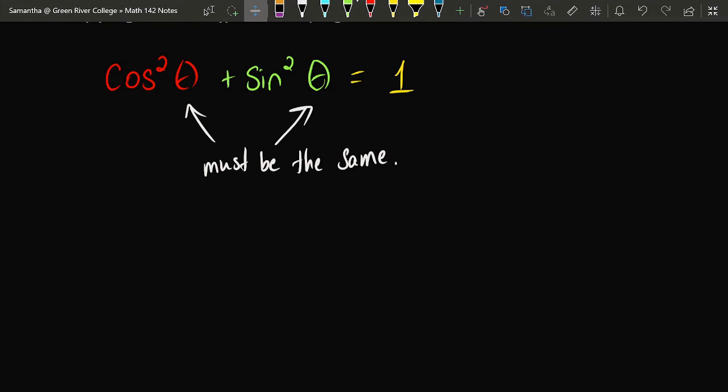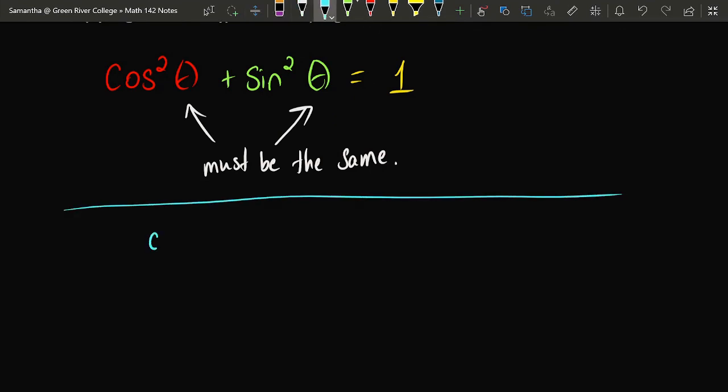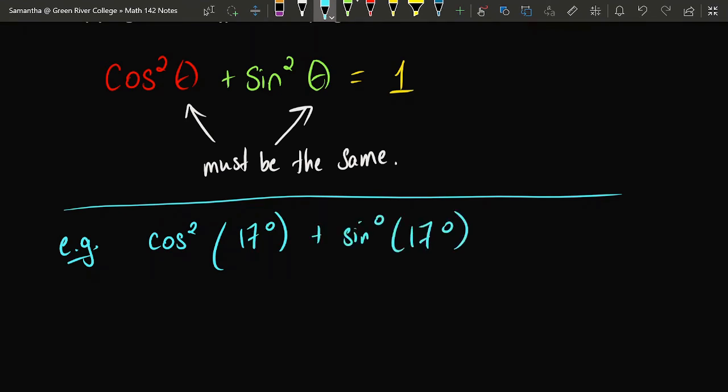So, for example, if you are given an expression that looks like cosine squared of 17 degrees plus sine squared of 17 degrees, you don't even have to know what the individual values of cosine of 17 degrees and sine of 17 degrees are.